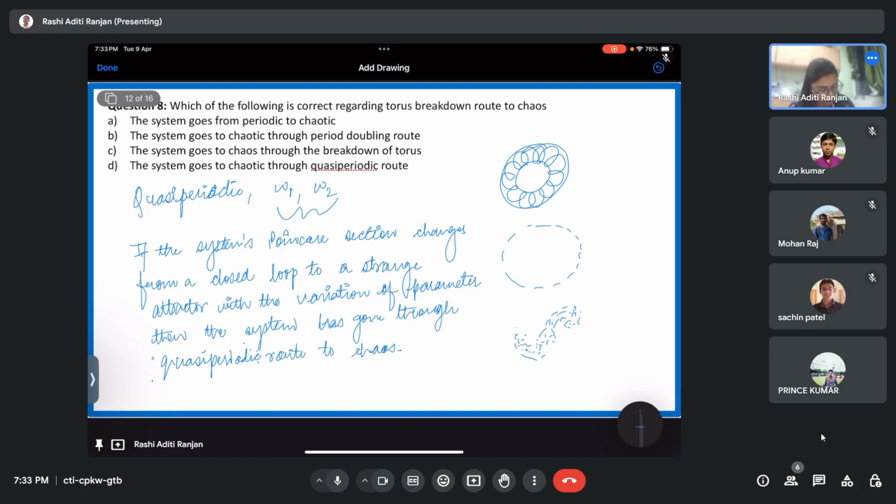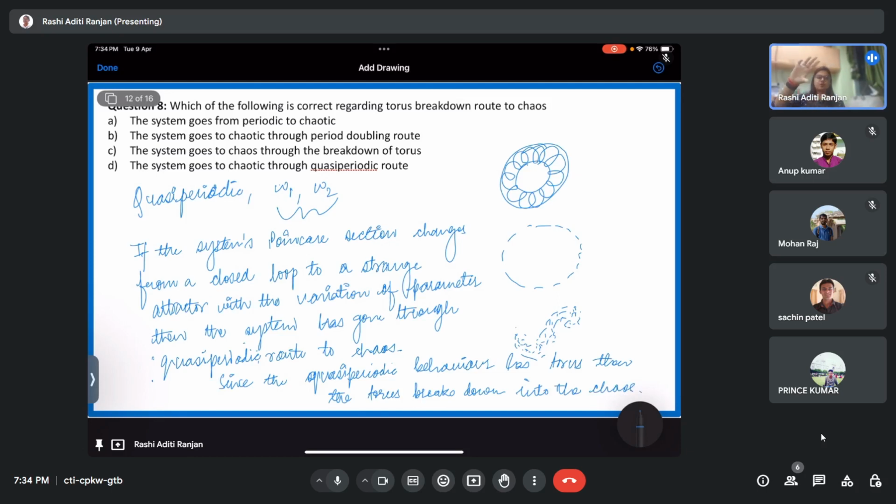And I hope whatever I wrote is clear. That my system, if my Poincare section is changing from a closed loop to a strange attractor, then my system has gone through quasi-periodic route to chaos.